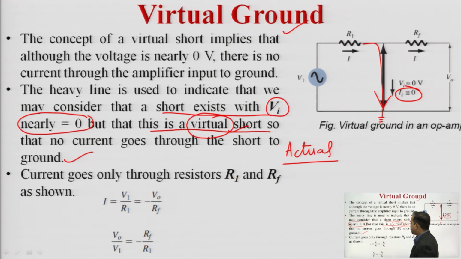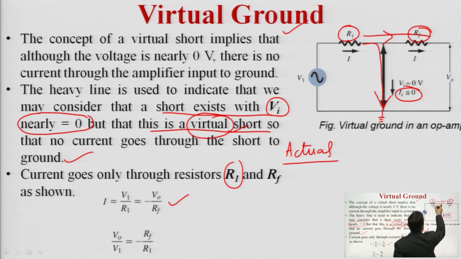So current goes only through the R1 and after that Rf, and current will not flow from this R1 to the ground terminal. So the current I will be equal to V1 by R1, and similarly this is equal to minus V0 by Rf.